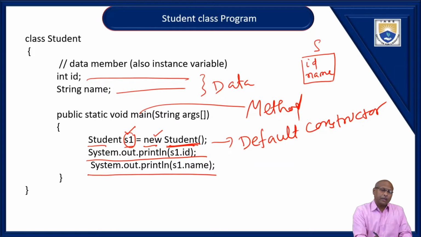When you are creating the object, automatically for an integer the value will be 0 and for name it will be null. So you will be getting 0 from this object S1, because S1 is my object. S1 dot ID means this value will be printed. Similarly, S1 dot name prints null.